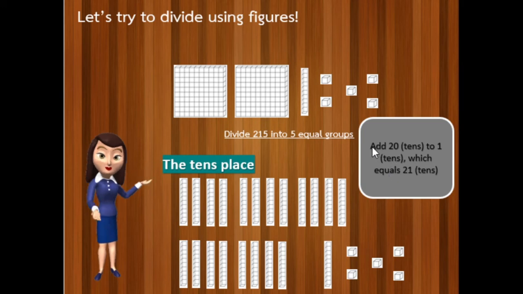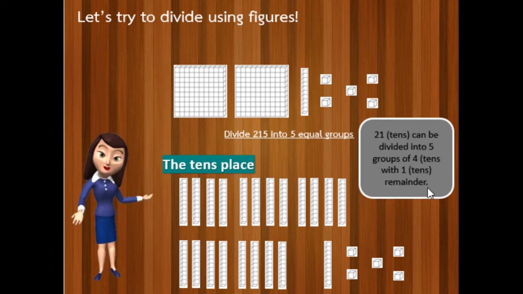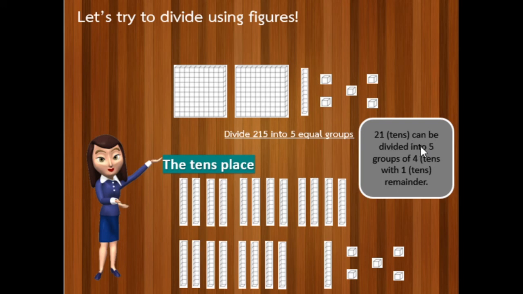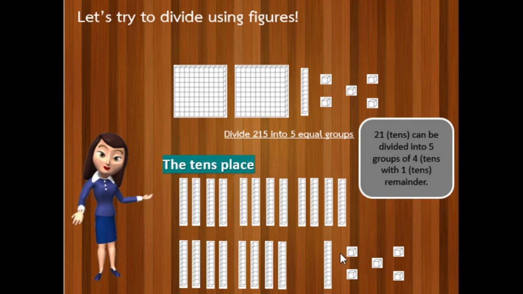What did we do here? We added 20 tens to 1 tens. 20 is from the hundreds place, okay? So add 20 tens to 1 tens equals 21 tens. And then 21 can be divided into 5 groups of 4 tens with 1 as the remainder.